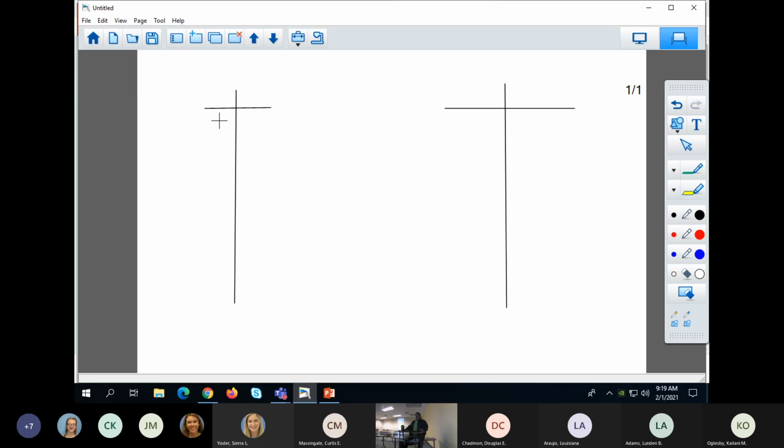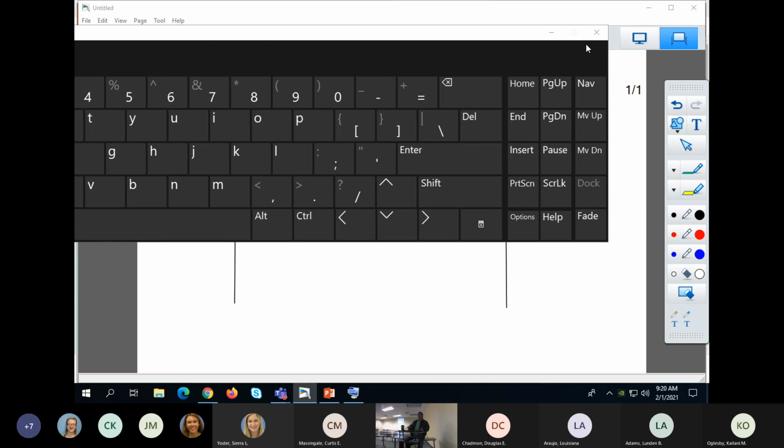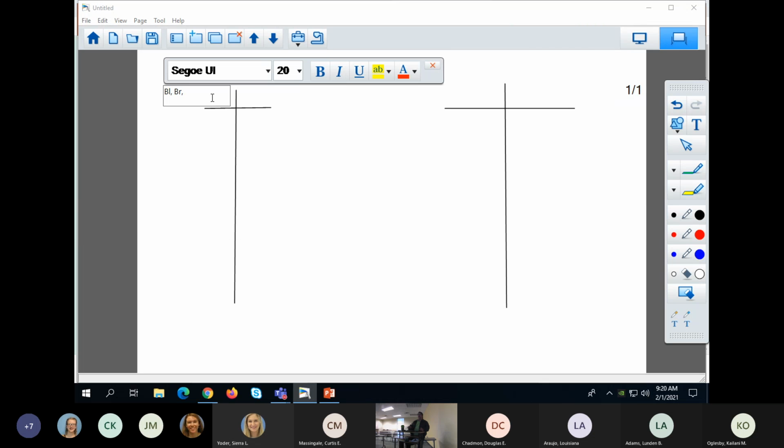So a frequency table consists of, on this side, I'm going to just use the text. Blondes, brunettes, and redheads.